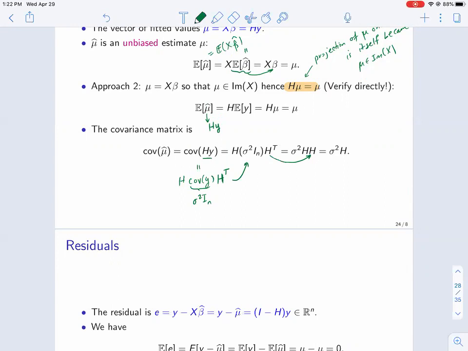Because H is symmetric. Right? Because H is symmetric, this is H squared, and H squared is equal to H. This is because H is idempotent. So H is symmetric, H is idempotent.